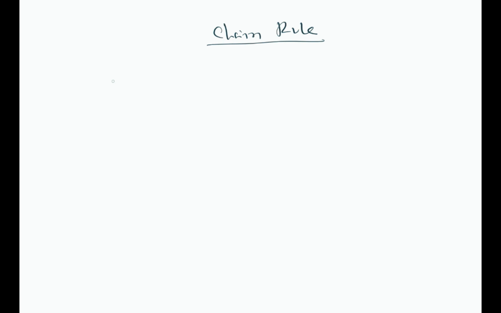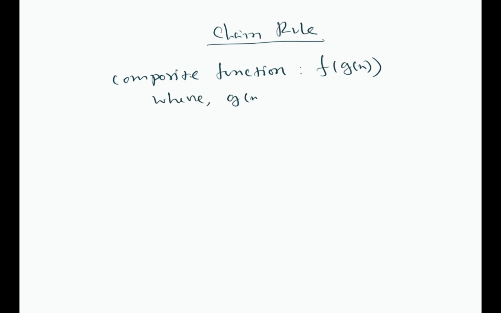So composite function, how can we write this? So this is actually f of g of x. So if you see inside our f function, we have another function, and this is g of x. So g of x is the inside function.